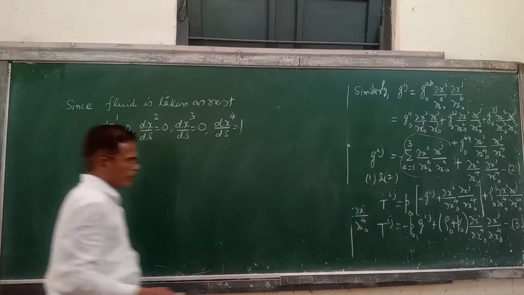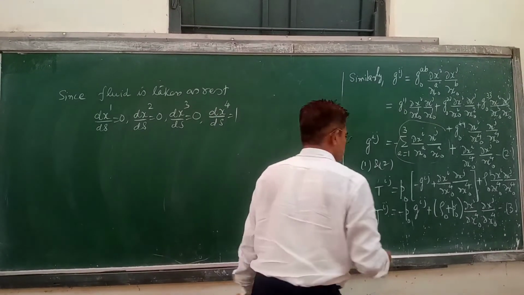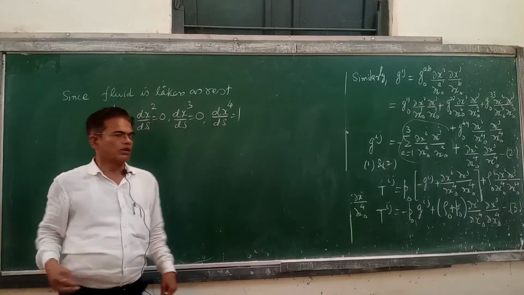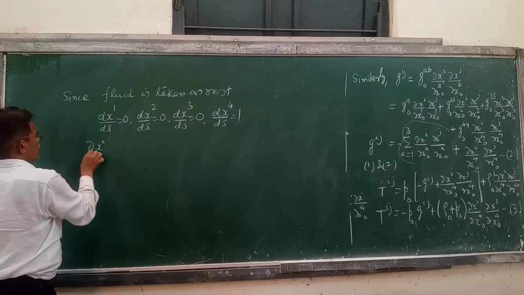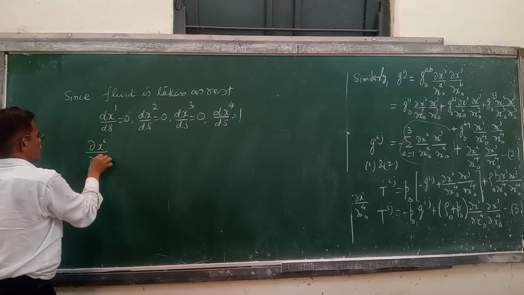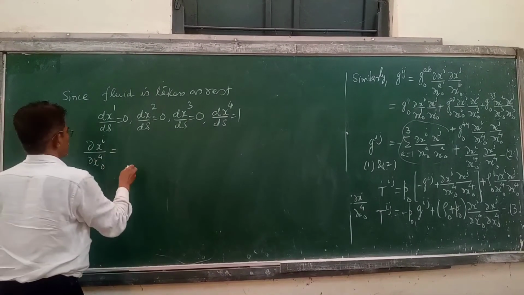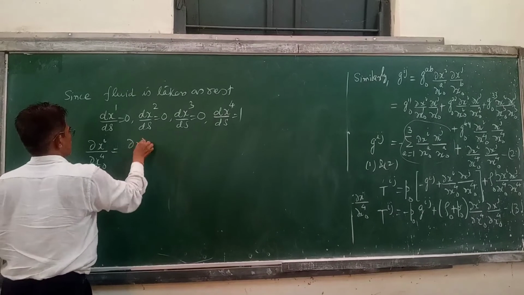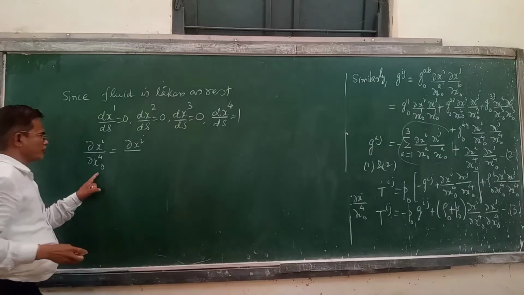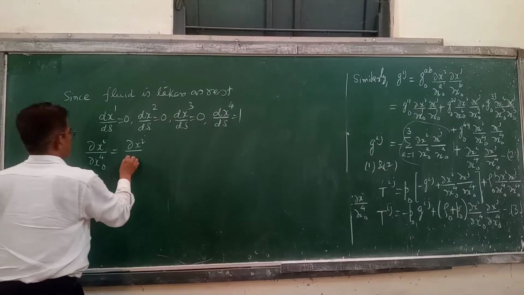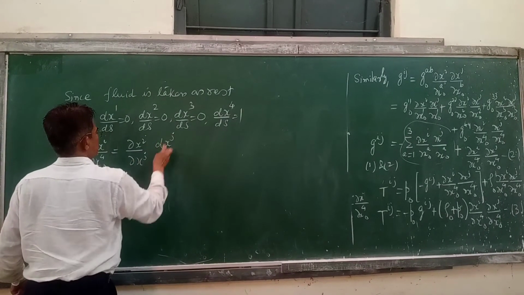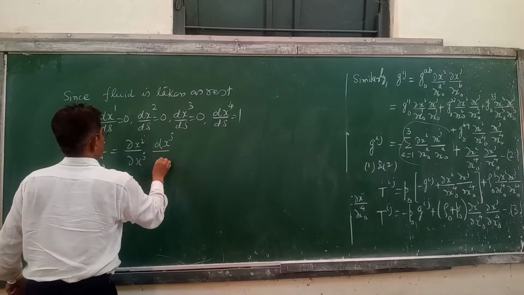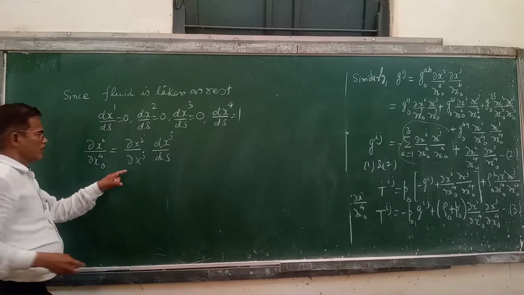So here del x I upon del x 4 is equal to del x I upon del x j, dx j by ds.